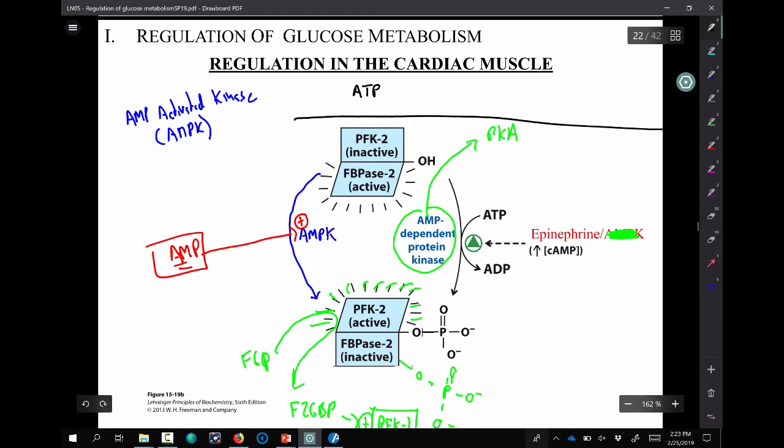ATP, though, will be broken down in contraction of muscle to ADP and inorganic phosphate. Now here's what's fascinating about this: there's another enzyme that can take another ADP and convert two ADPs to an ATP and an AMP.